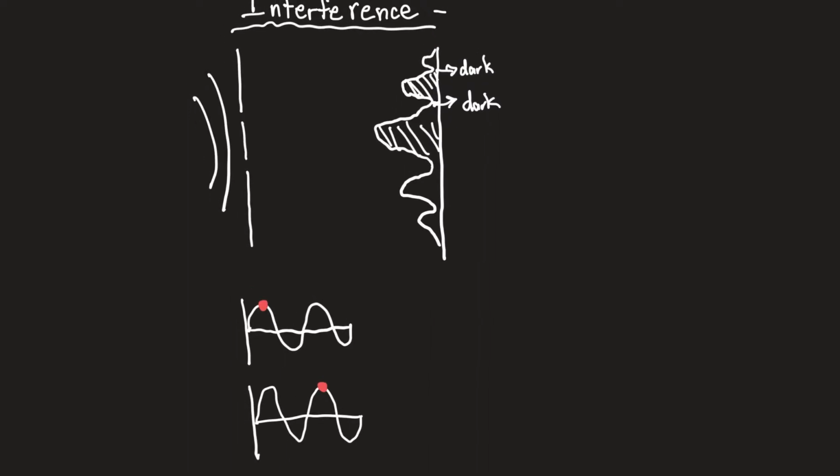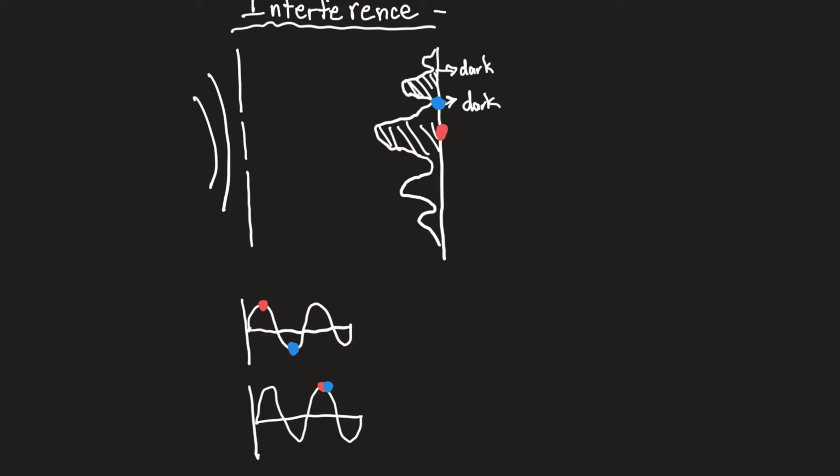So the bright spots are where these two waves coming from the two slits interact and combine. And then at some points, there's the bottom of one wave interacting with the top of the other wave from the other slit. At these points, you get the so-called dark spots.